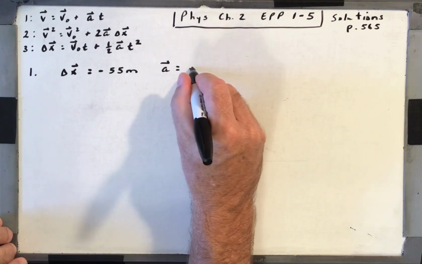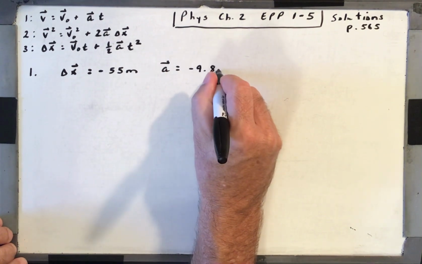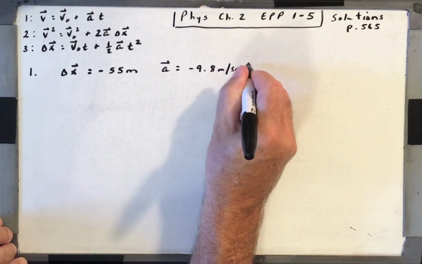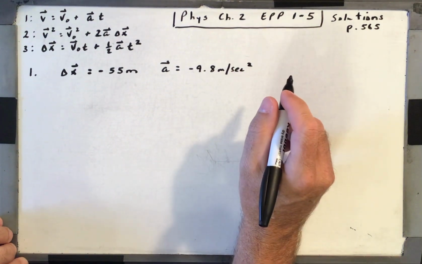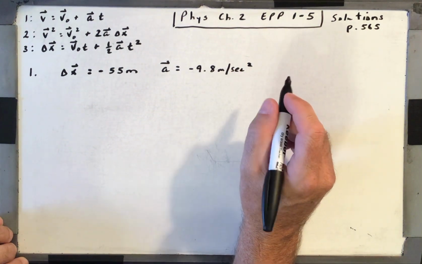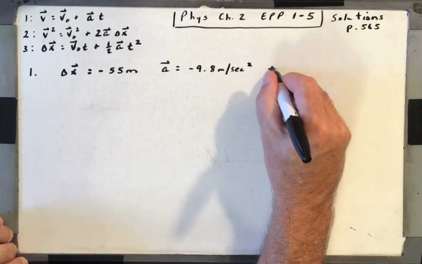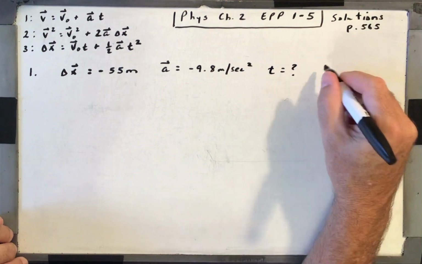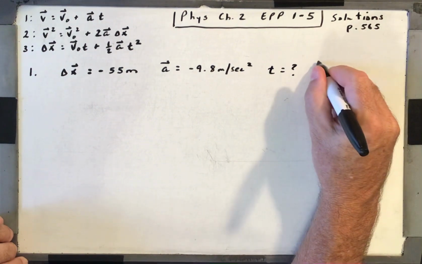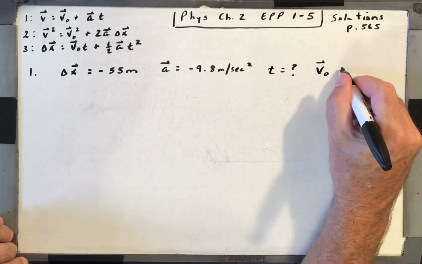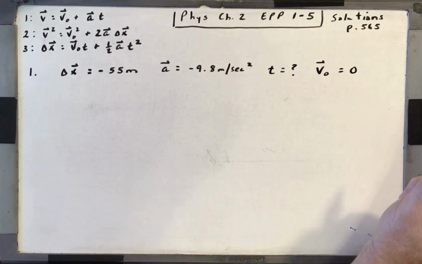Acceleration, we're in meters, so it's negative 9.8 meters per second squared. We want to know how long does it take to hit the ground. So we want to know time. And we know the initial velocity, since it wasn't thrown down, it was just dropped, is equal to 0.